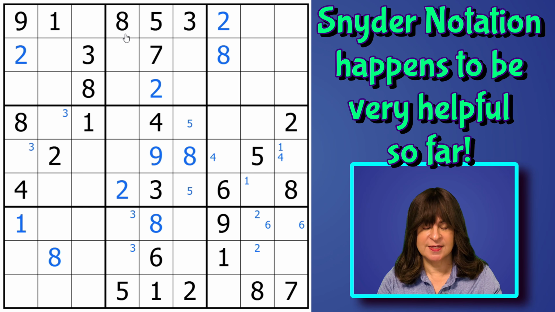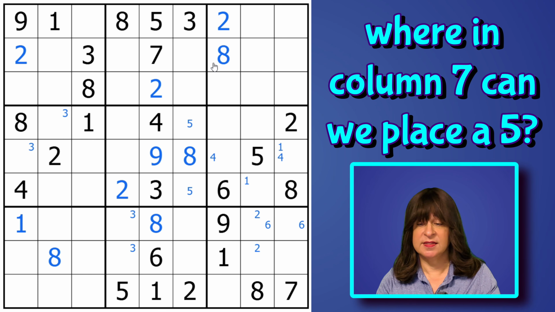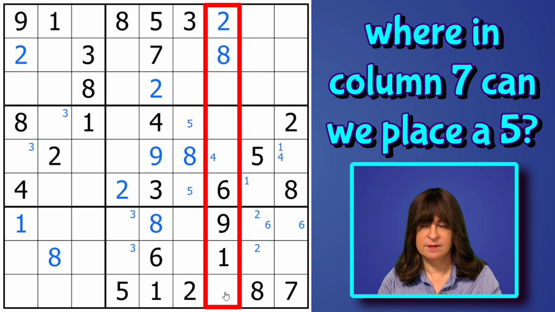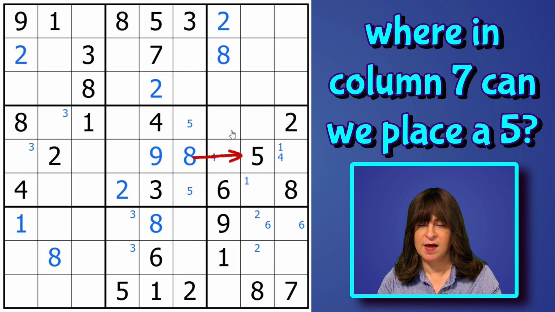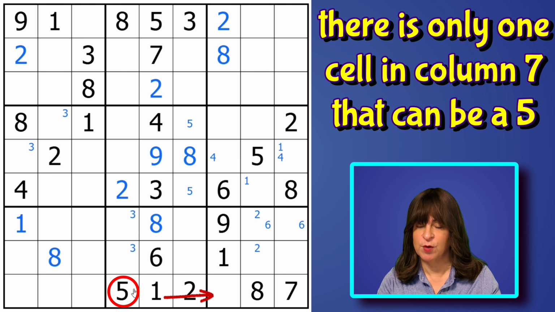Okay, now what else can I do? Let's see. There's a 5 here. And in this column, column 7, we need a 5. But because of this 5 in the block, it can't go in either of these two cells. So where in column 7 can a 5 go? And it can't go down here because there's already a 5 in the bottom row.